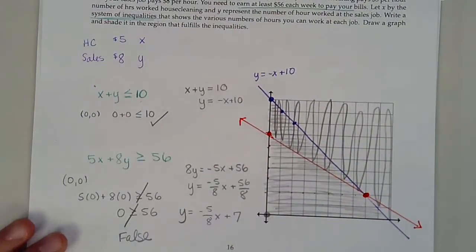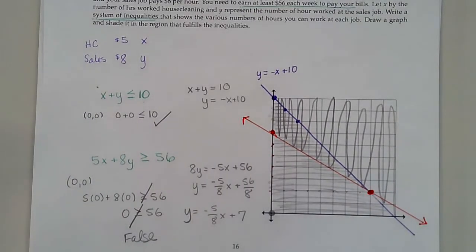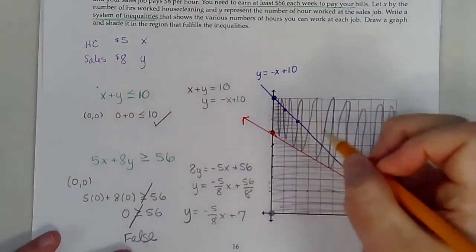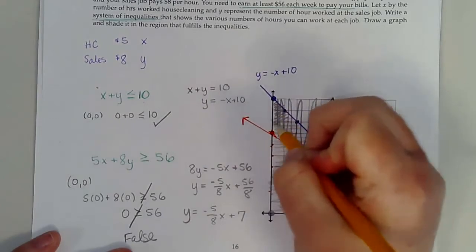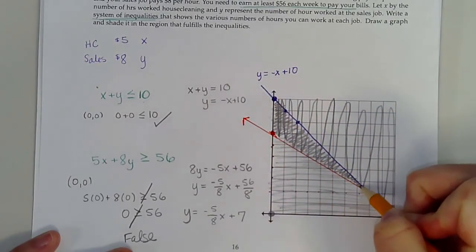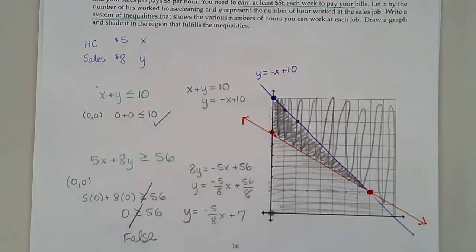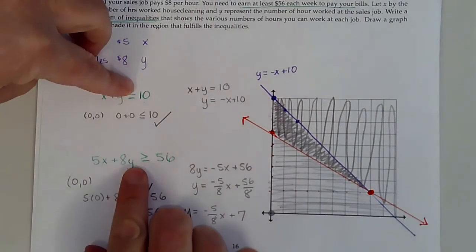Okay. And then what we're looking for as a solution is where these two shaded areas overlap. And so where they overlap is this slice right in here. So any of the points in this section here are going to hold true for these inequalities.